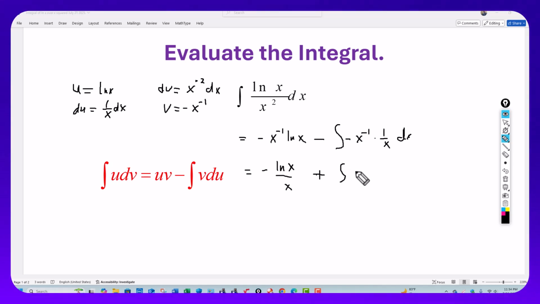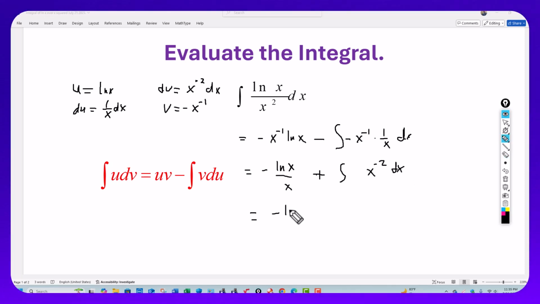And then it's the integral of x to the negative 1 times... so this is 1 over x and 1 over x, so it'll be 1 over x squared. So let's make that x to the negative 2. So we already multiplied these two here; that's positive. And then here is just 1 over x, and 1 over x is 1 over x squared, which can be written as x to the negative 2. Still got the dx here.